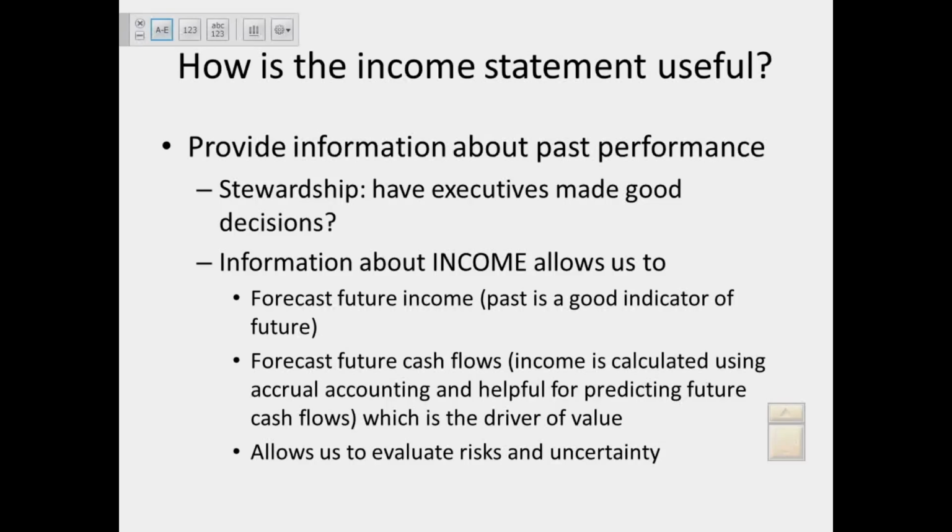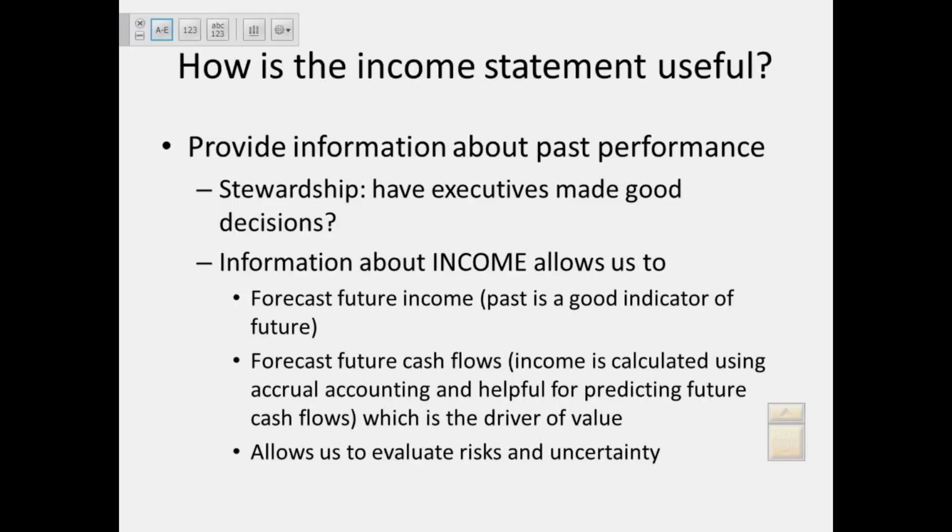The second thing it can tell us is not only what happened in the past, but what's going to happen in the future. I'm an investor and I'm trying to figure out, is this company going to do well in the future? Yes, how well has it done so far, but also, where's it going? If I look at income today, that's going to help me predict income in the future. If the company earned a lot of revenues this year, would it be reasonable to expect them to achieve similar performance next year?